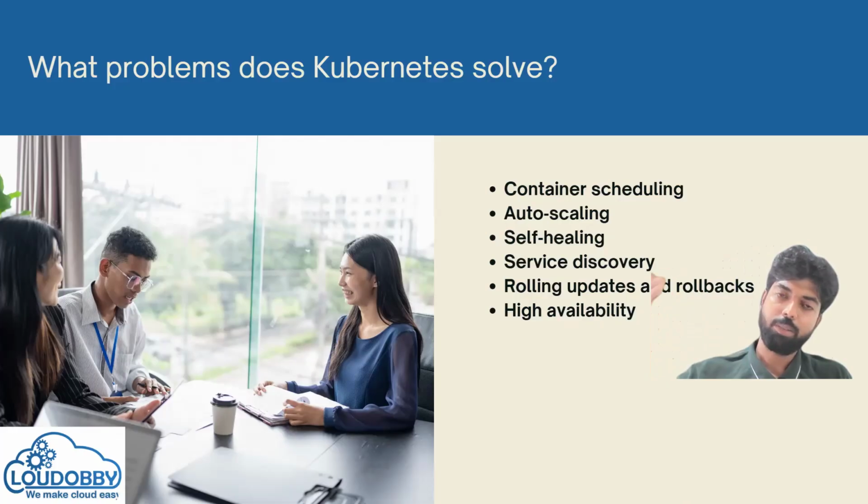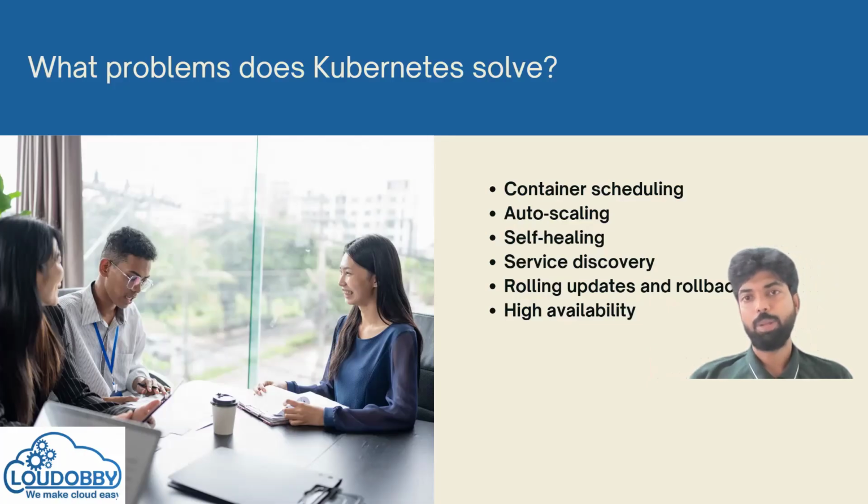There's a node autoscaler, so node level can scale, and pod level can scale up and scale down. Self-healing: when the container is not working, it will try to restart it and make it work. Service discovery: you want to understand that this particular call goes to this particular microservice, and that microservice goes to another, so that can be done.